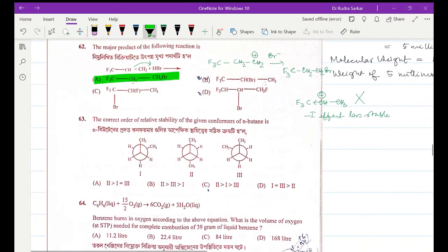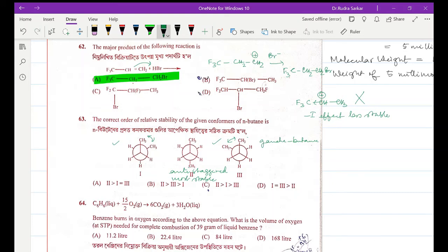The correct order of relative stability of the following conformers of butane. Obviously this one is anti-staggered, most stable, and over here this is having gauche butane interaction, both of them, these two.